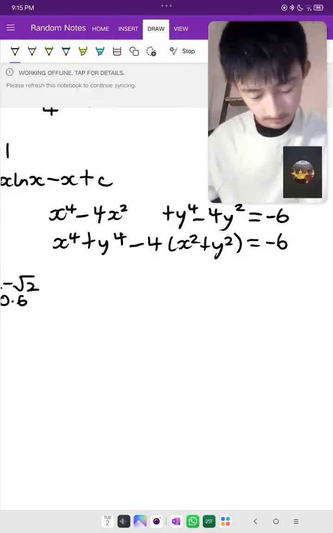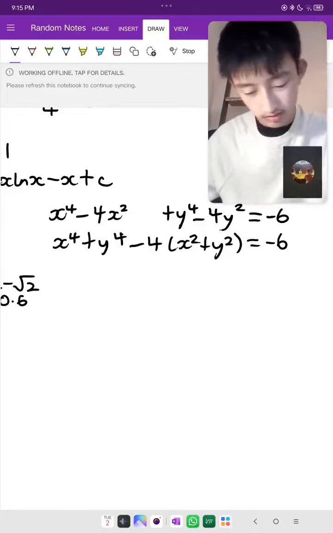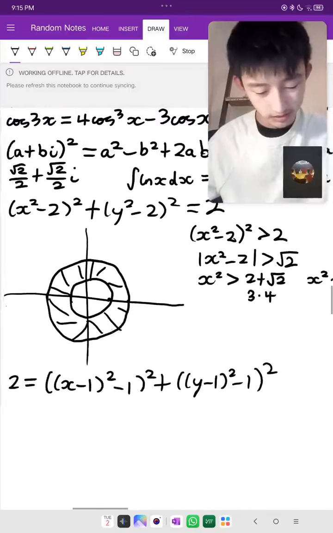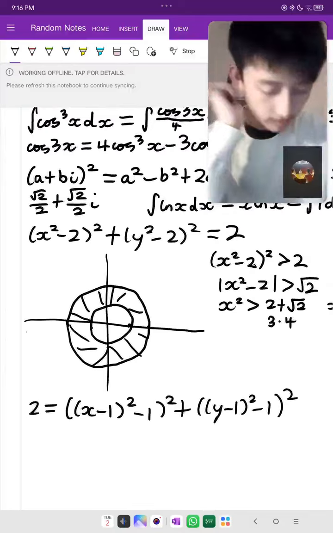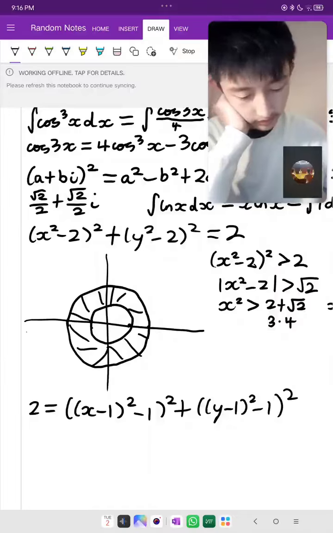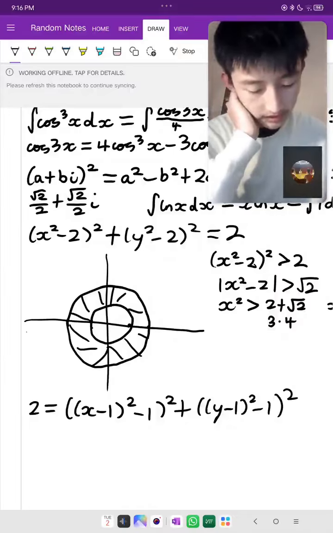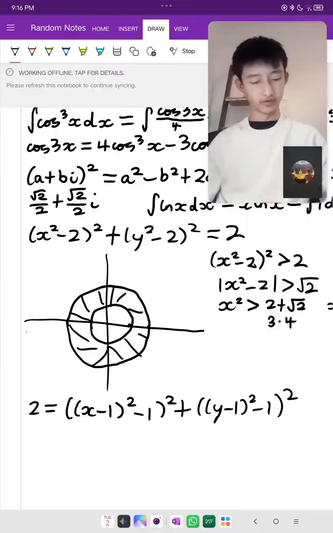Okay, I'm not really sure what to do here. Do I want to maybe try find some points which are on the curve? If I want, I could say that these two things are both 1, so x squared is 3 and y squared is 3. Well, no, x is root 3 and y is root 3.